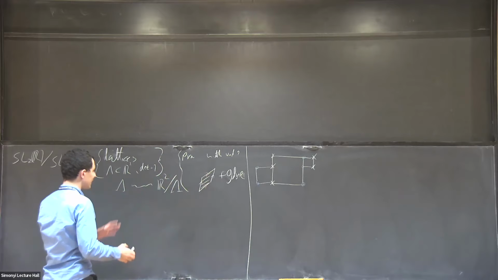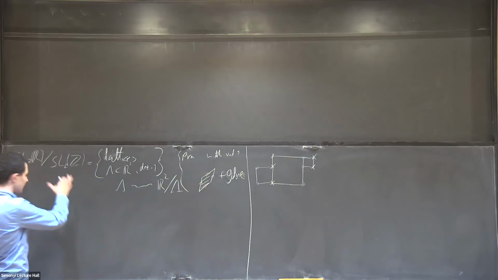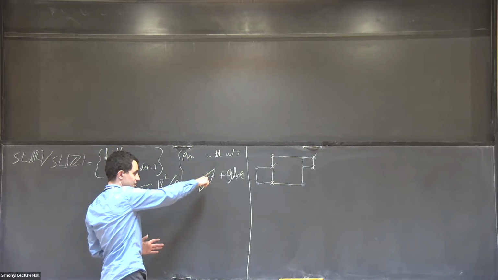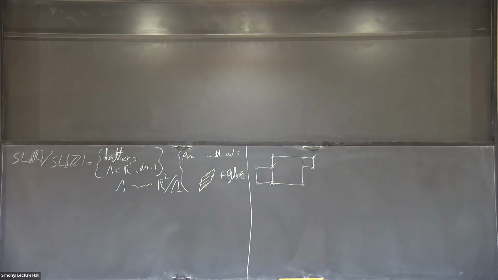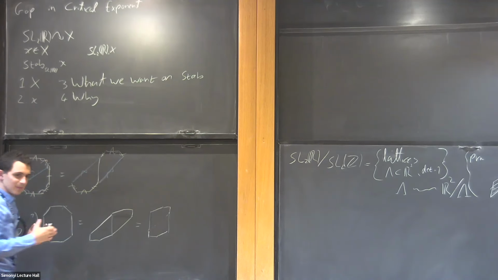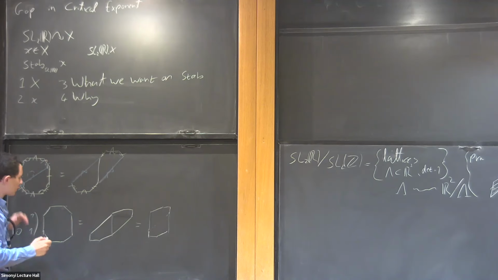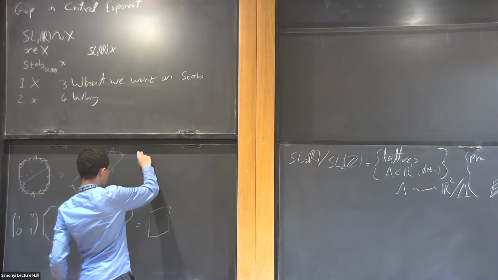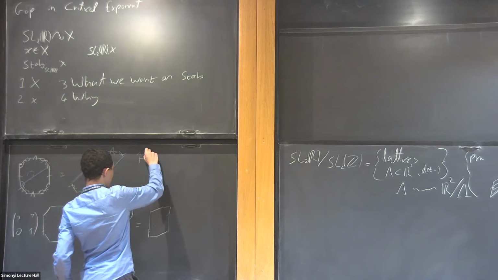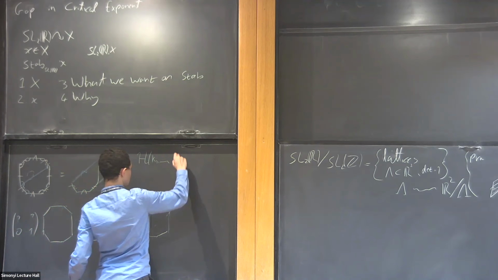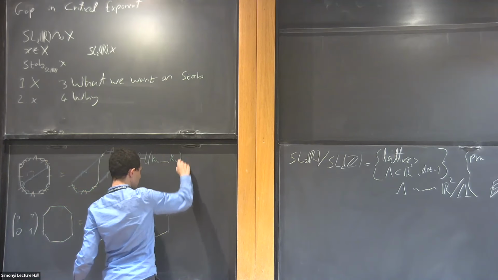Just like here, we had a certain space of parallelograms when we glue opposite edges, we can study the space of all surfaces that are obtained by gluing edges of polygons. So I write H of k1 up to km.